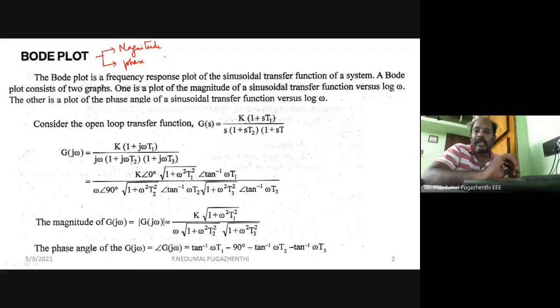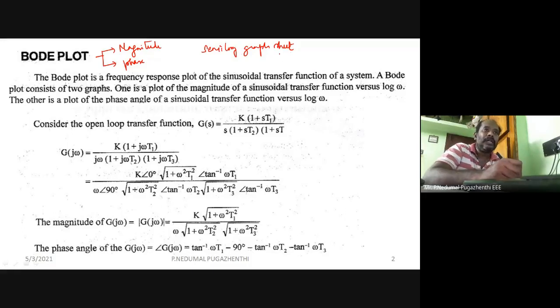In a single graph sheet, you have to draw two plots. One is the magnitude response and the other one is the phase response. And it will be drawn in a semi-log graph sheet. So kindly bring a semi-log graph sheet when you come to the next class, next lecture.